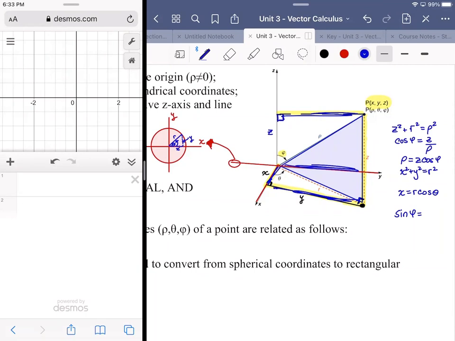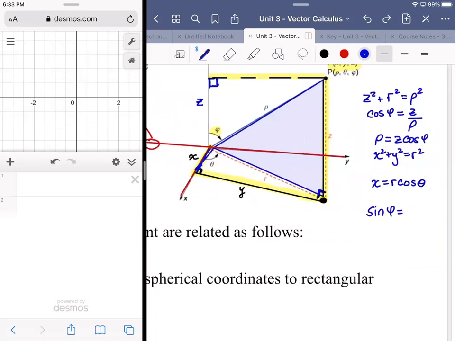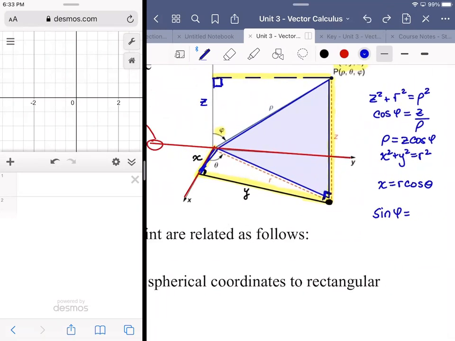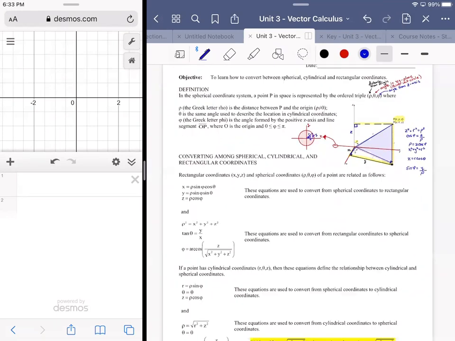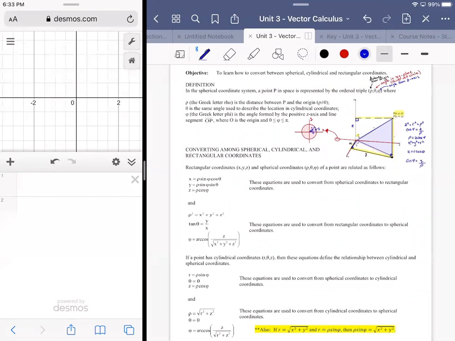The issue is it just doesn't look like it because it's a terrible perspective drawing. It started off all right, but it's now not all right. But the opposite side would be y, with the hypotenuse being rho, and then with some substitutions, you can get to these relationships. All right.